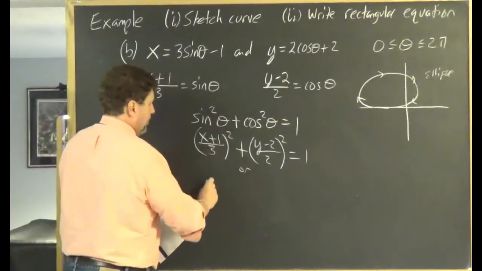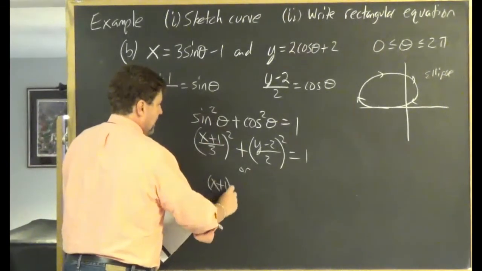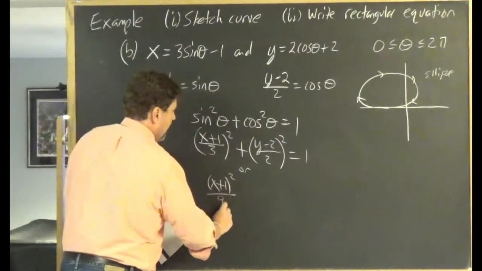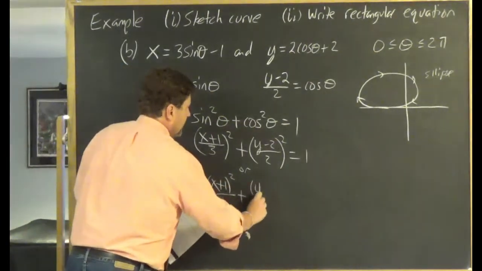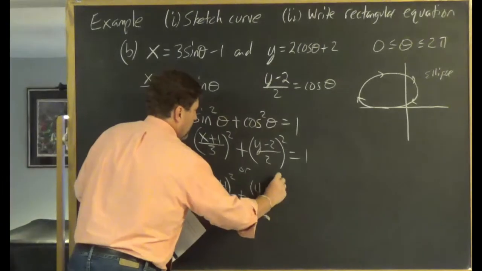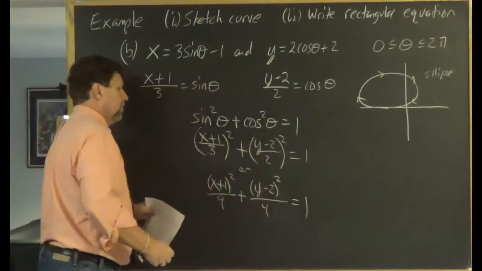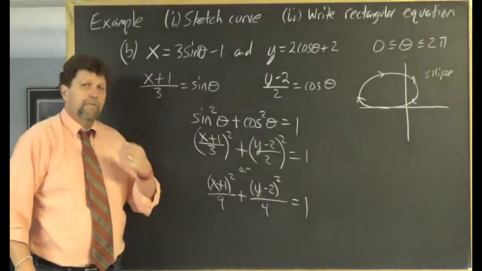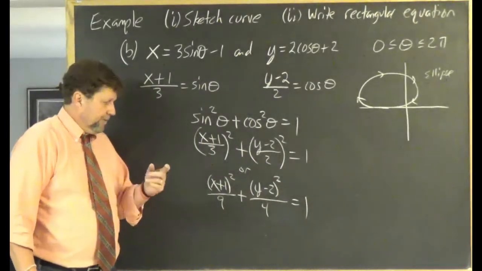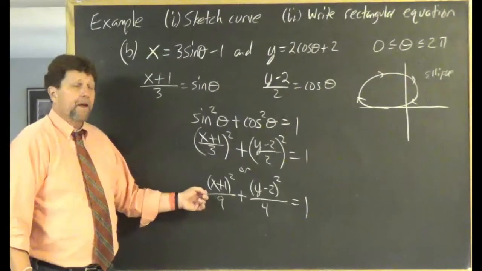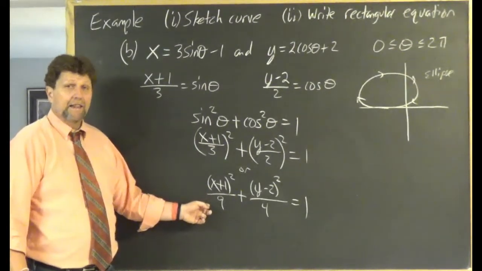I would probably look at this as (x plus 1) quantity squared over 9 plus (y minus 2) quantity squared over 4 equals 1. And I do remember from college algebra, this is a form of an equation that represents an ellipse.